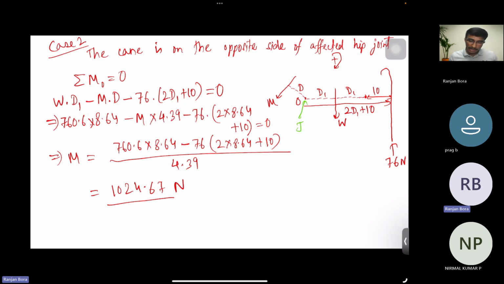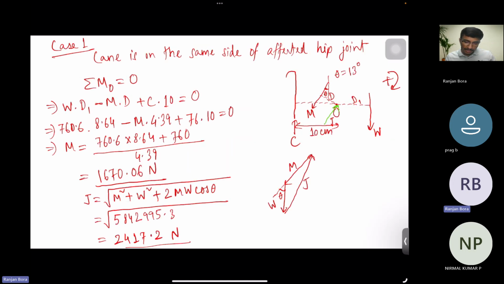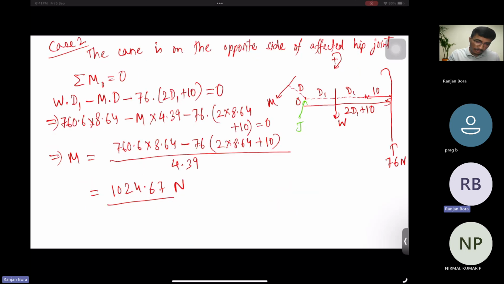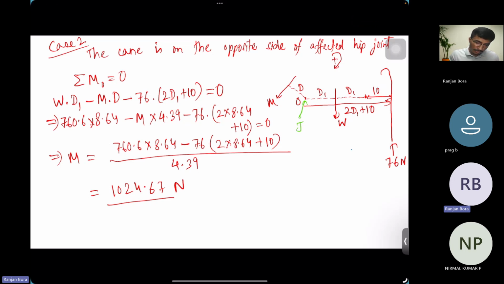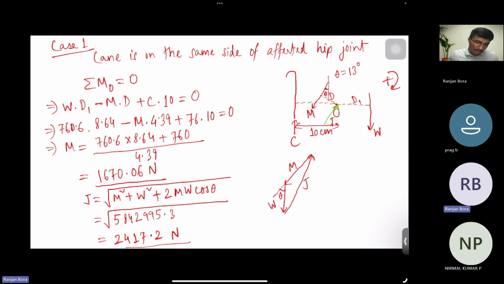So now we'll calculate the joint reaction force. Again, we'll directly use this formula, J equal to... We are using the formula from this slide, M square.